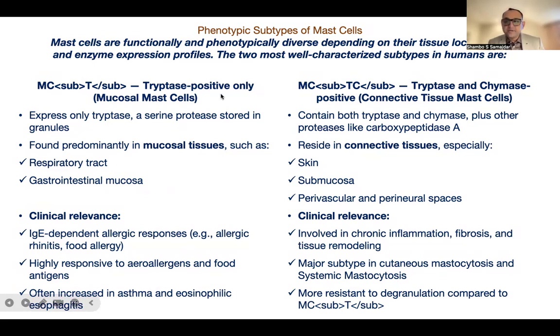So as we were mentioning, mast cells are functionally and phenotypically diverse depending on their tissue localization and enzyme expression profiles. The two most well characterized subtypes in humans are one that is tryptase positive only, the mucosal mast cell, and another is the connective tissue mast cell, which is tryptase and chymase positive.